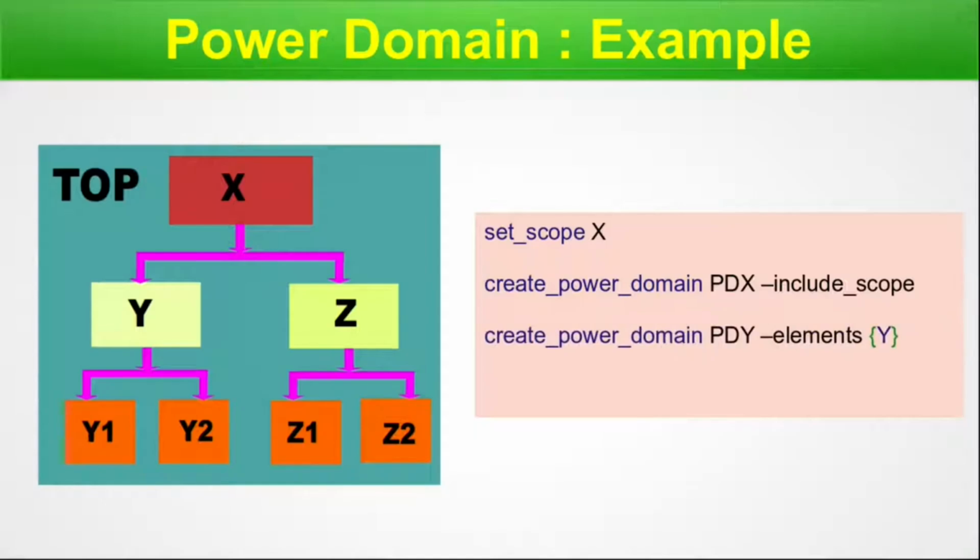Next, we write create_power_domain PDY, and elements is Y. You can see the picture clearly. And next we write create_power_domain PDZ, then elements Z. So this way we can create a hierarchical power domain. We have gone through two examples to understand how we do that, and this slide is the extended concept of the previous one. So we are done with this slide.